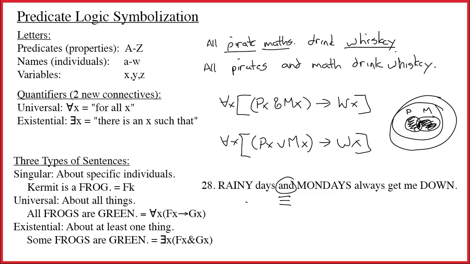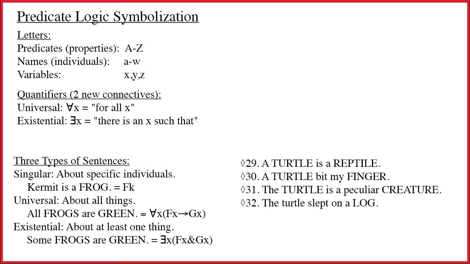Okay, just a couple more sentences. Well, these last four sentences are really about the difference between singular, universal, and existential. In a sense, they're especially simple sentences. On the other hand, notice I put diamonds in front of them because they're not the sort of thing that I typically put on the test that covers the material we're talking about.